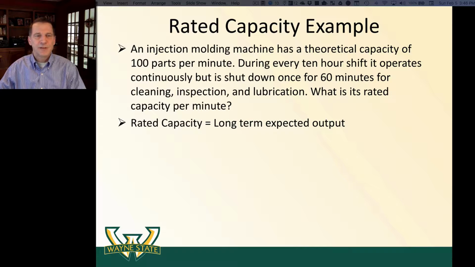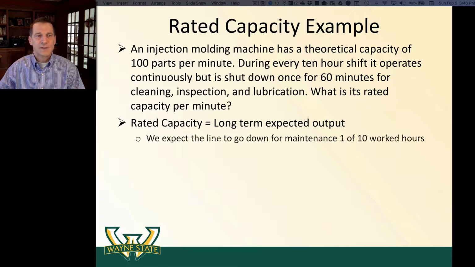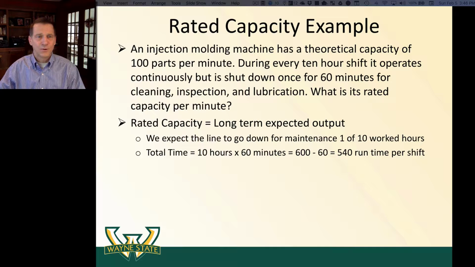Remember that rated capacity equals long-term expected output. So we're going to have to take that cleaning, inspection, and lubrication into account for our rated capacity. We expect the line to go down for maintenance 1 of 10 hours worked. The total time, 10 hours times 60 minutes, is 600 minutes, minus the 60 minutes of downtime is 540 minutes of runtime per 10-hour shift.